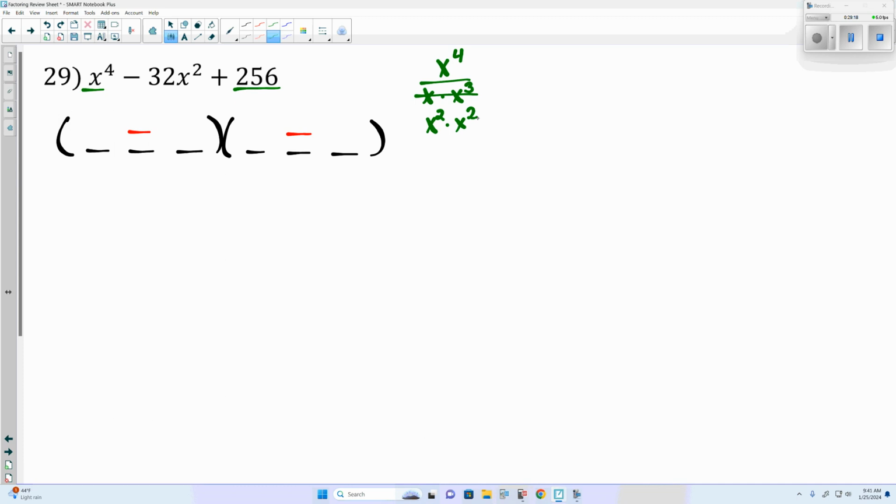And the reason for that is because if it's x and x cubed, we need more terms in that quadratic. So it'd be x squared in the first, x squared in the second. Because if it's x to the fourth and x squared, just like x squared and x here, x squared and x squared. That's the only set of factors that'll work for these. And if it had a number in front, we would do the same thing like we've been doing. Factors of that first term, list them out and try them.